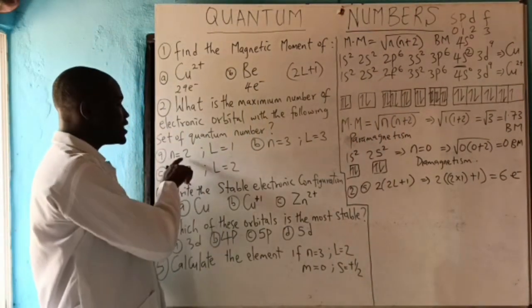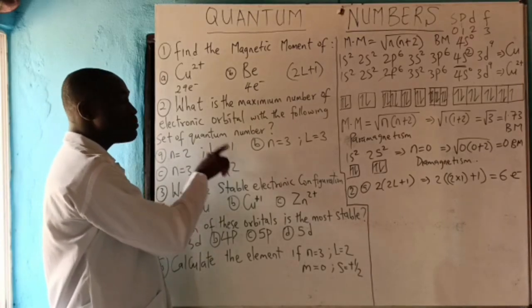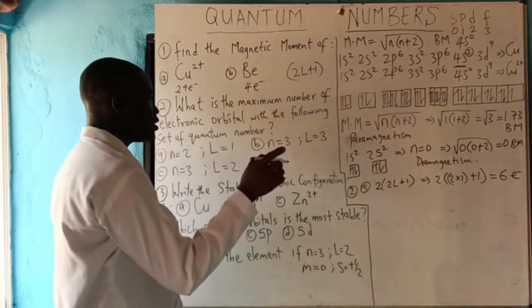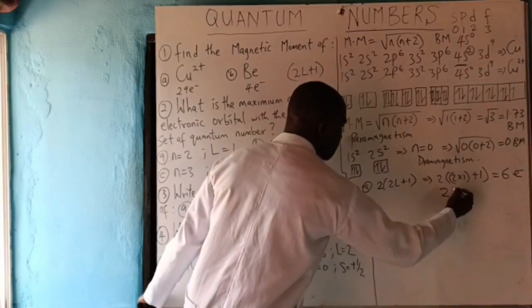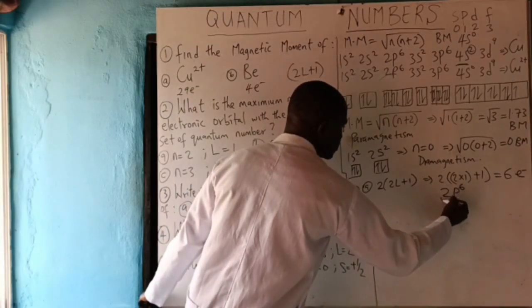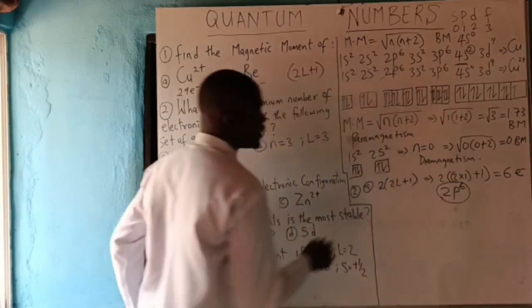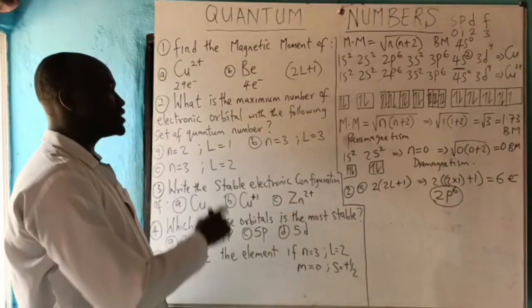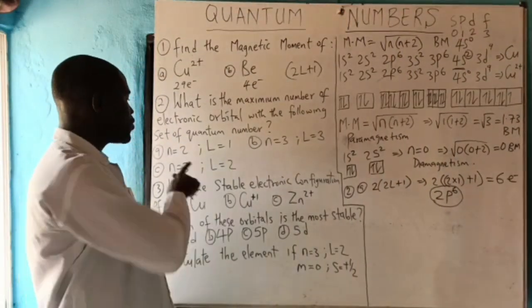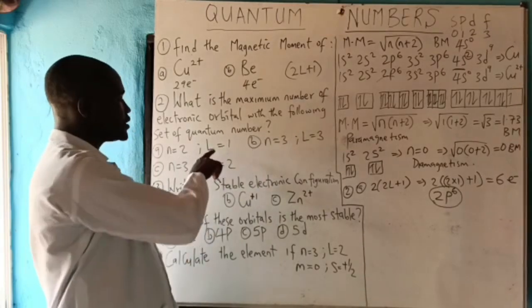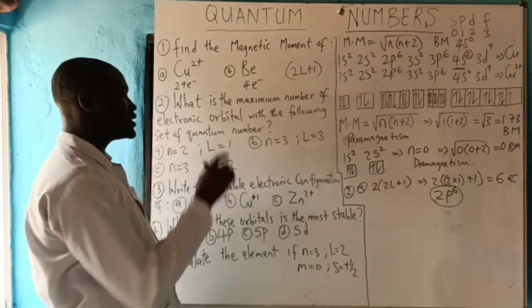That means this is talking about the p orbital, 2p6. Where n is 2, L equal to 1 is p, and 6 electrons.